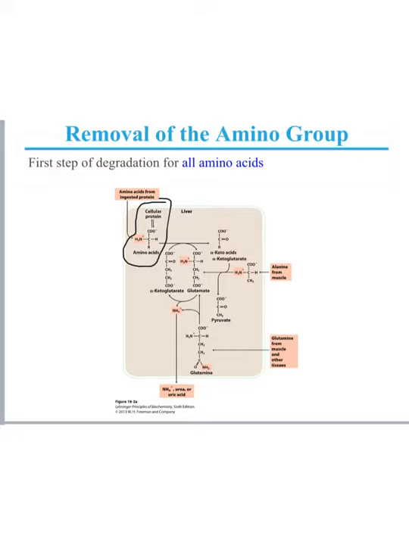The first thing we have to do, remember from a couple of slides ago, is separate the amino group from the carbon skeleton. The carbon skeleton will be used as the alpha-keto acid and can go off to be used in the citric acid cycle. The amino group is what we have to figure out what to do with.